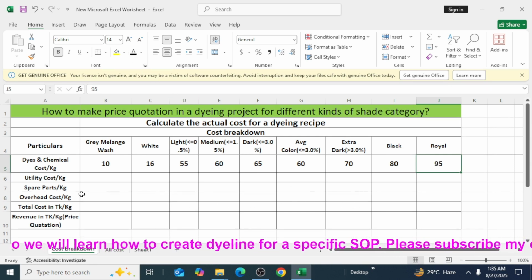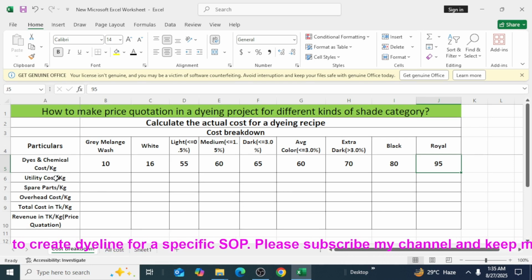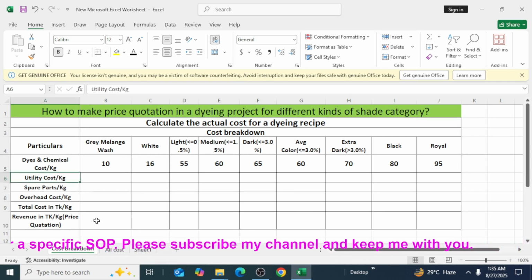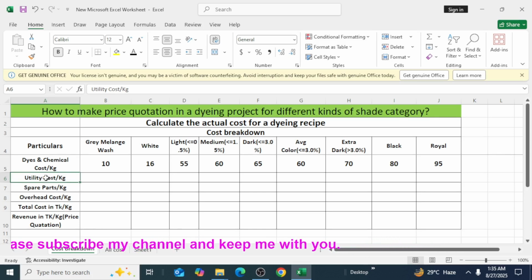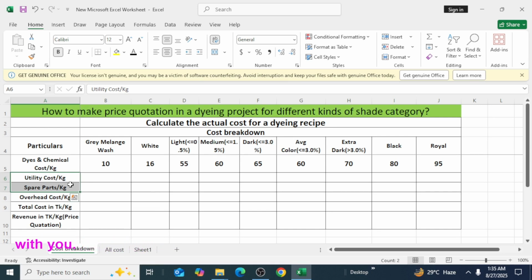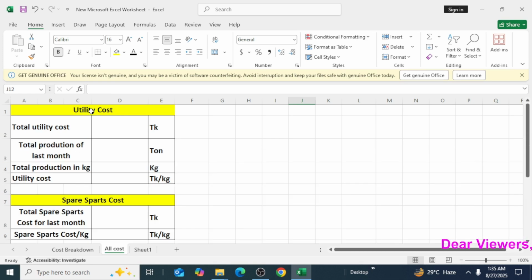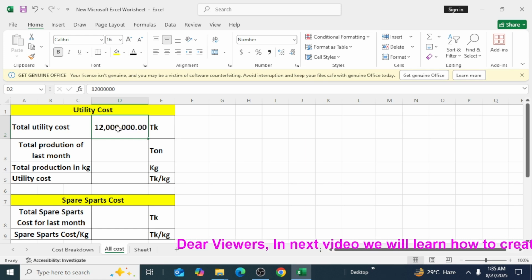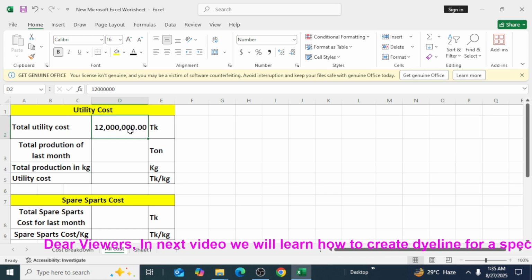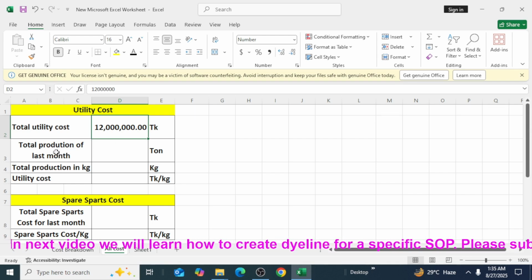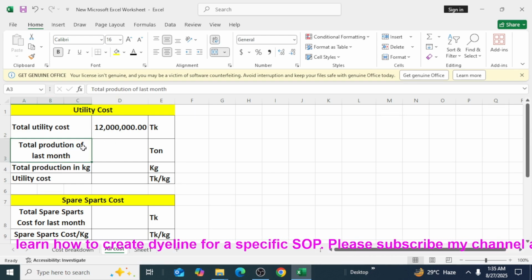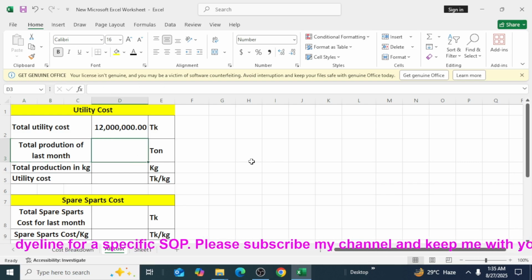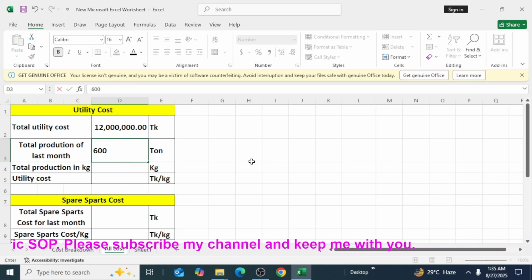Now you should know utility cost per kg. You will get utility cost and spare parts cost in maintenance department. Let your total utility cost for last month is 1 crore and 20 lakh taka, and your total production of last month is 600 ton.